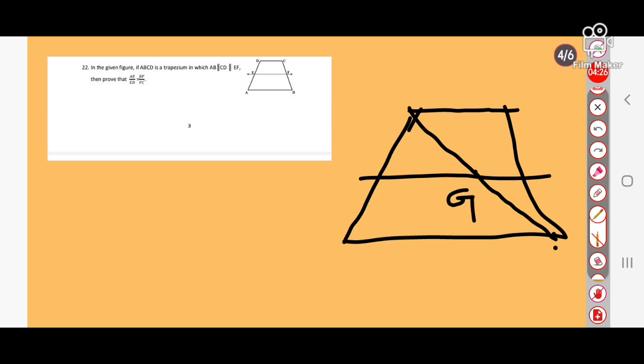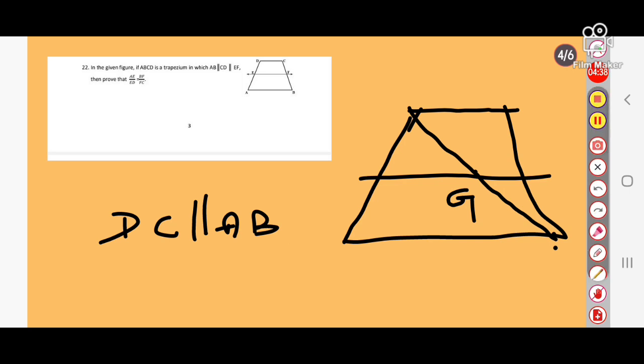With this, what they are telling is DC is parallel to AB. Kindly refer to the diagram given in the question. DC is parallel to AB. Similarly, EF is parallel to AB, as given in the question.